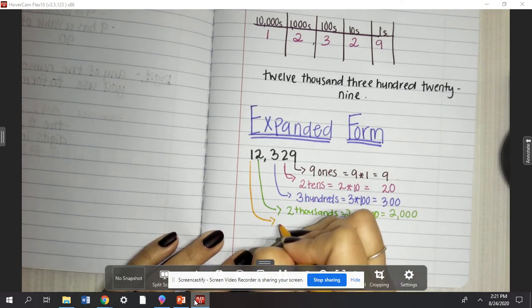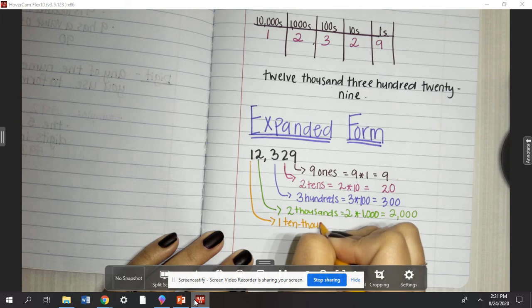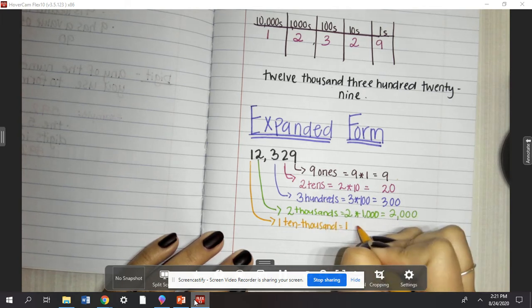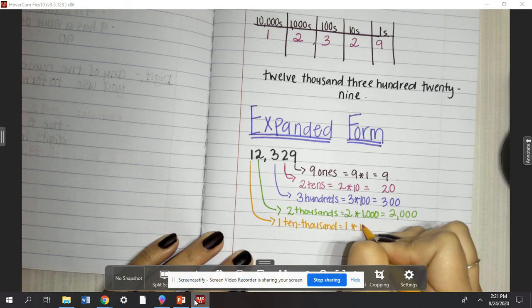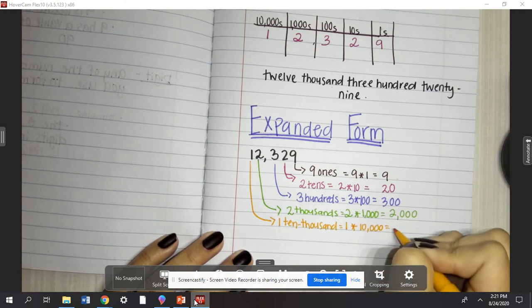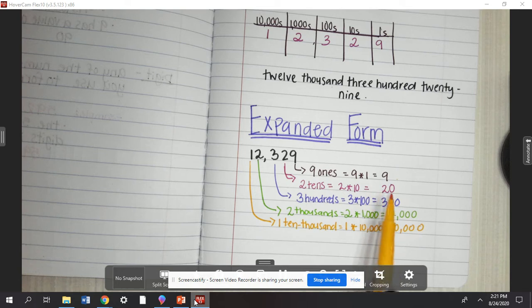How many of those do I have? I have 1 10,000. So if I have 1 10,000, that is the same as 1 times 10,000. And what would the value of that be? That would be 10,000. So you'll start to see a little pattern over here.